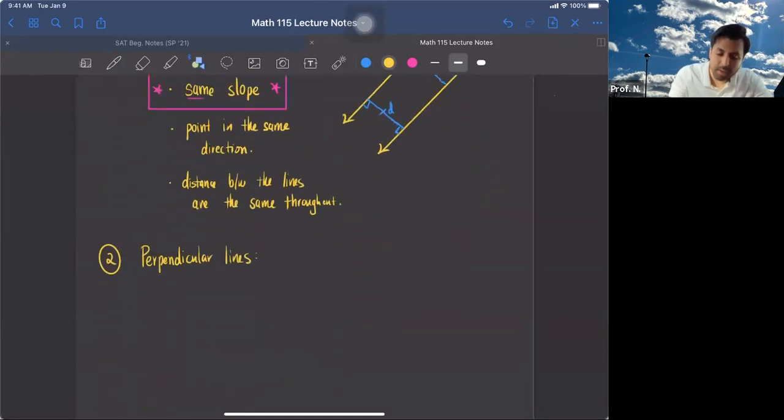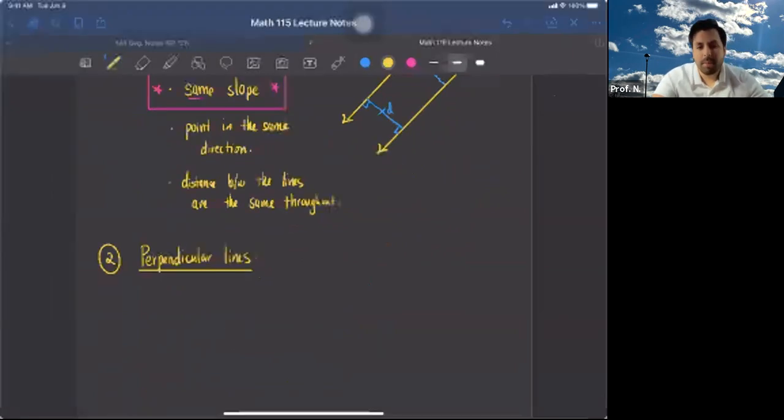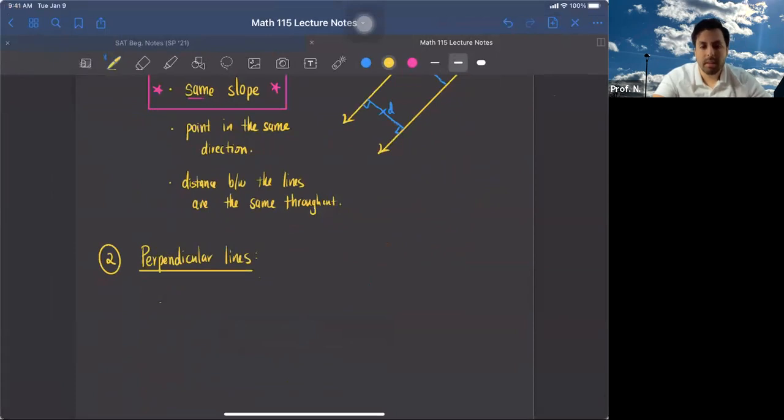So what are perpendicular lines? Okay, they do intersect.